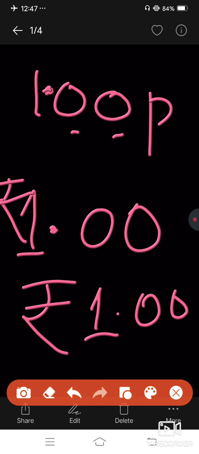Very simple. Okay. 100 paise is equal to 1 rupee.